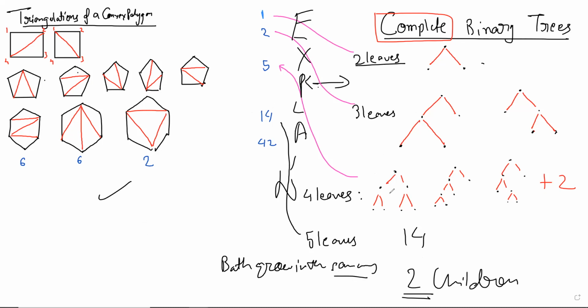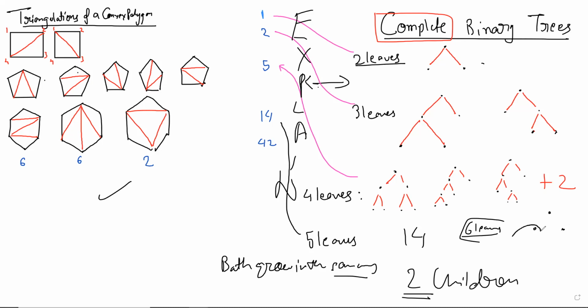See, if you want to make a tree with, let's say, 6 leaves, then you will start with this point, and you'll make 2 trees, right?